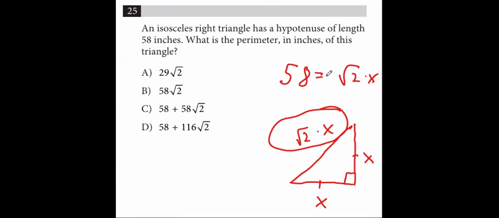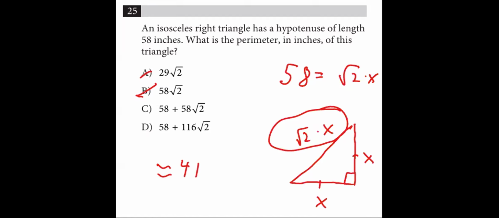So if we want to find the perimeter, first we have 58 as one of the side lengths, and then we have to find what x is. We do 58 divided by the square root of 2, which gets us approximately 41.